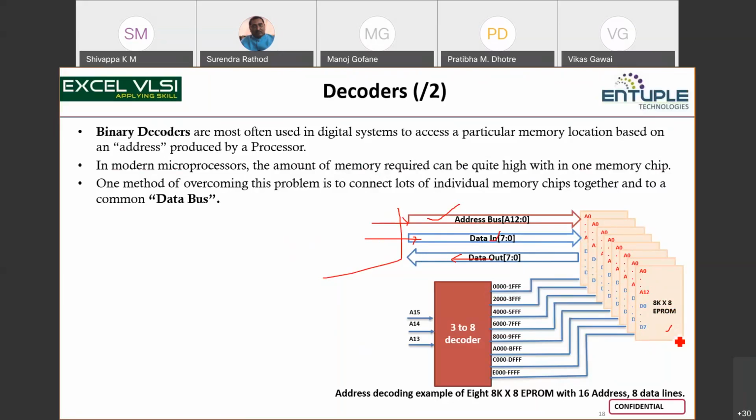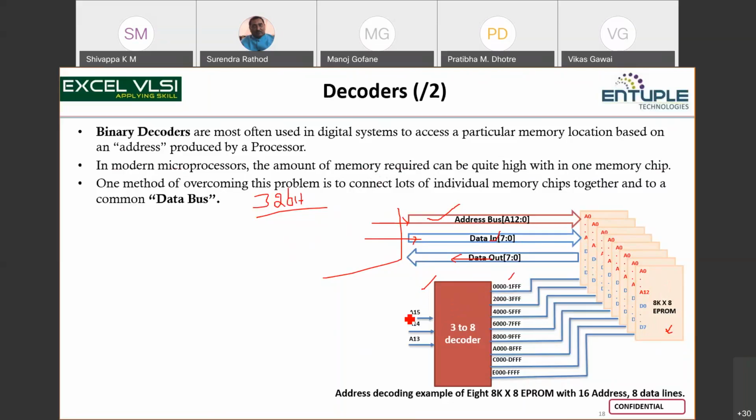Now what is the address range of this? In the whole address map, let us say the processor has a 32-bit address. In order to address, for example, one 8K memory chip, you need 13 address lines. Now I have 8 chips, 8 memories. In order to decode these 8, we use a 3 to 8 decoder.